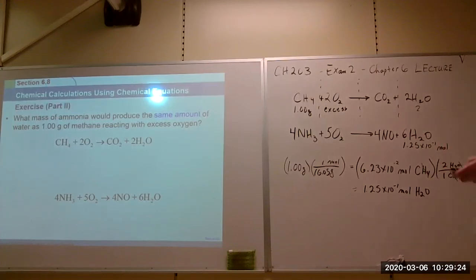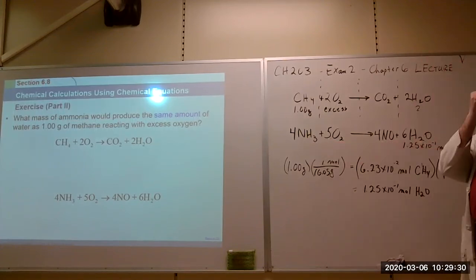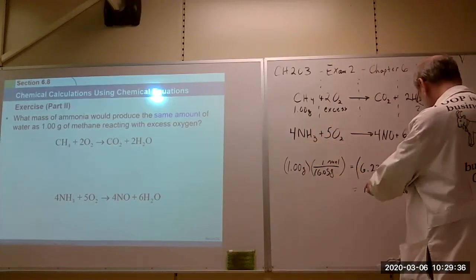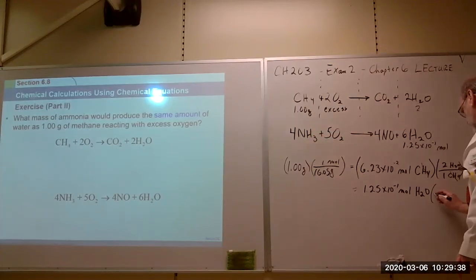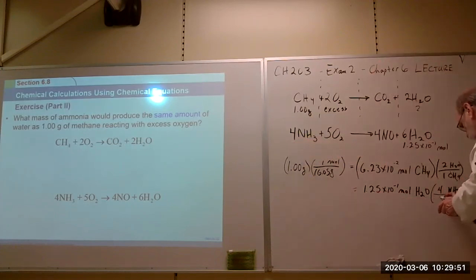And the second question then is, what mass of ammonia would be required to produce that much water? So now we can move backwards to ammonia. We just take this and use a conversion factor for the second equation, right? So we're going to get rid of water and leave us with ammonia, which is 4 and 6.